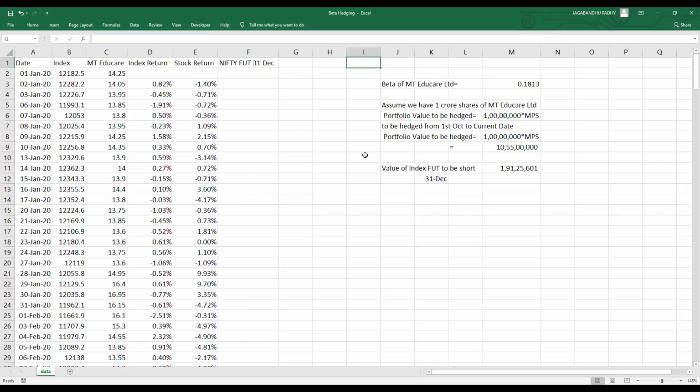So coming back, the value of index futures to be short is this much. Now, what should be the number of index futures to be short? What is the formula that I've given?